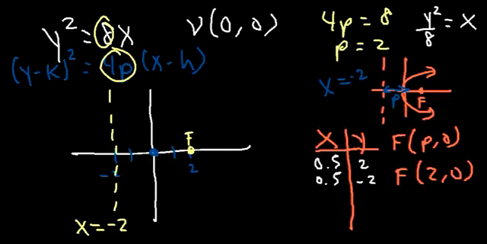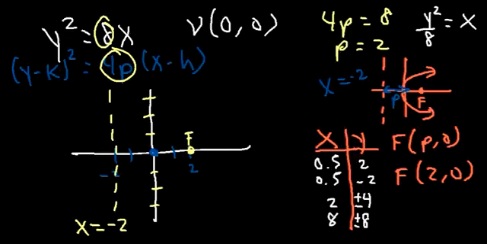Let's try a bigger number, like plus or minus 4, because it's going to give us the same x value. If you plug in 4, 4 squared is 16, and 16 divided by 8 is 2. The last point to plug in would be 8 for y. 8 squared is 64, and 64 divided by 8 is 8. But we may not need to go that far.